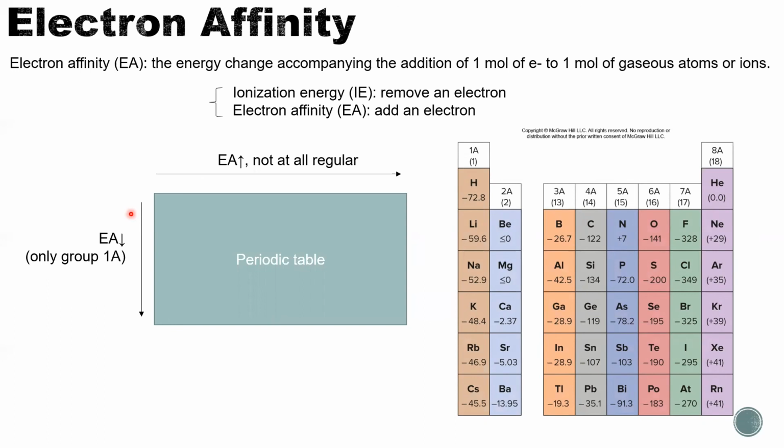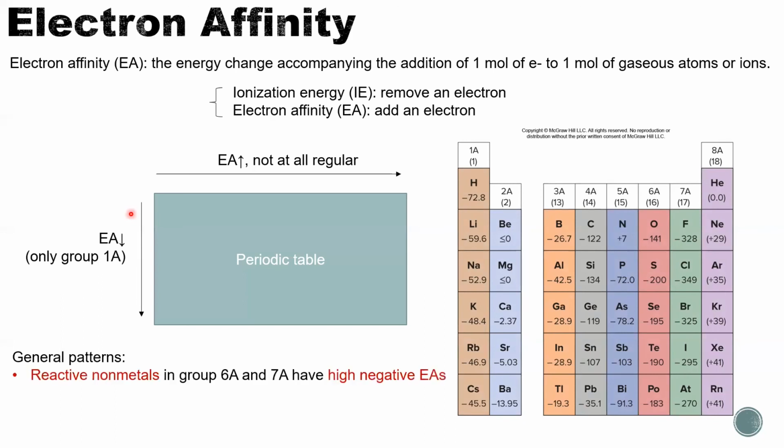However, there are general patterns for electron affinity. Reactive nonmetals in group 6A and 7A have high negative electron affinities. And for reactive metals in group 1A and 2A, pay attention, it's reactive metals, they have low negative electron affinities.